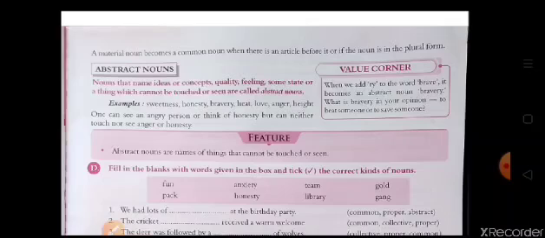So it's usually the name of the quality, action, or state considered apart from the object to which it belongs. The names of the arts and sciences, for example grammar, music, chemistry, etc., are also abstract nouns.